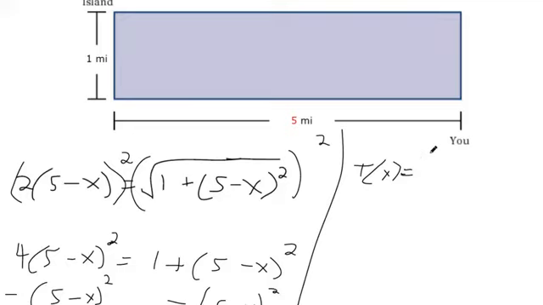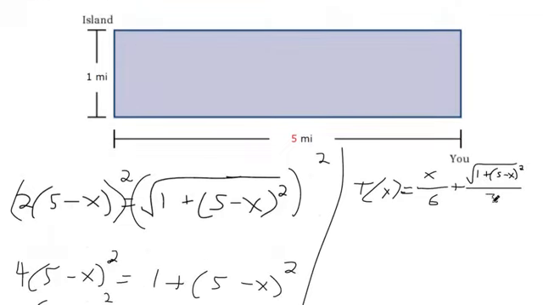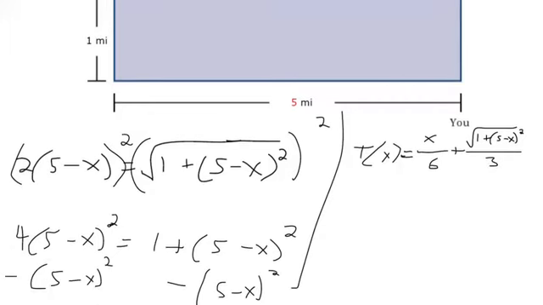The time we spent running was the distance running divided by 6. And the distance we spent swimming was this complicated thing. Was it 6 or 3 over here? It was 3. We had a 6 because of when we were taking the derivative.